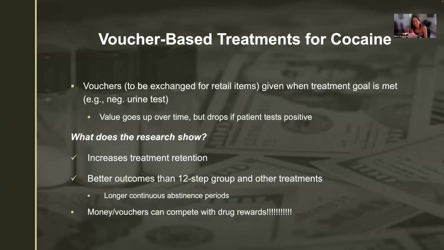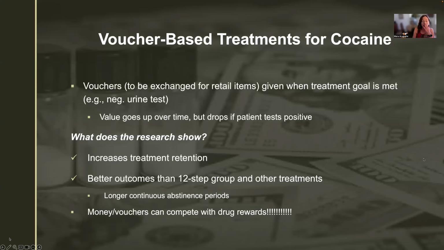But if they test positive, meaning they decided to use, and they can do that, nobody is saying you can't use, but if they decide to use, they go back to the original amount. They still get rewarded, but the reward drops and they've got to move up again. So the idea is you get stuff, or it can even be money. So there's voucher-based treatments. There's just sometimes just cash.